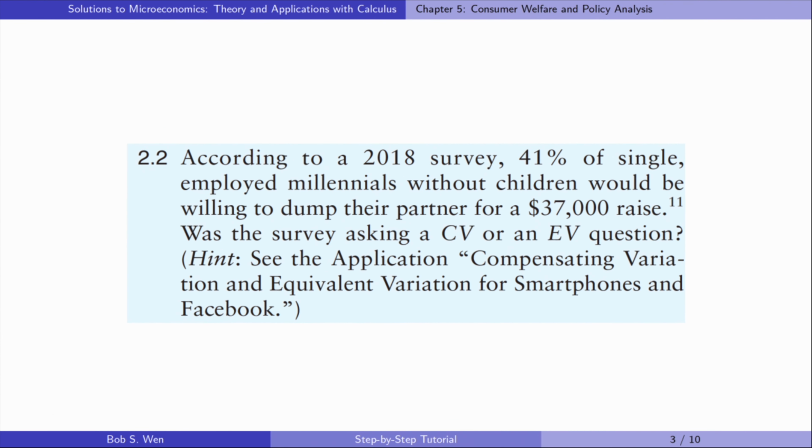Let's solve exercise 2.2. According to a 2018 survey, 41% of single-employed millennials without children would be willing to dump their partner for a $37,000 raise. Was the survey asking a compensating variation or an equivalent variation question?